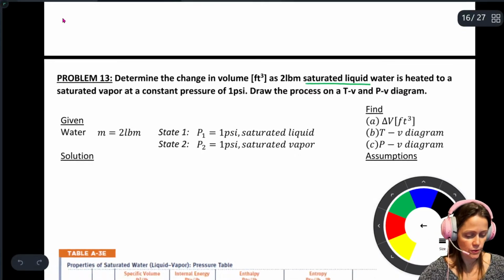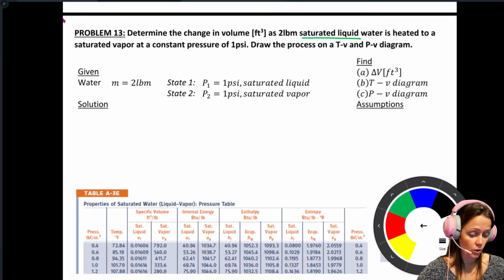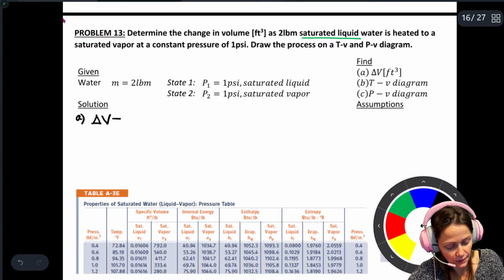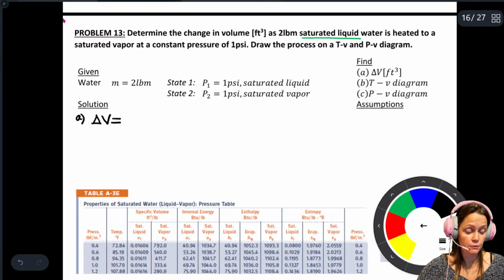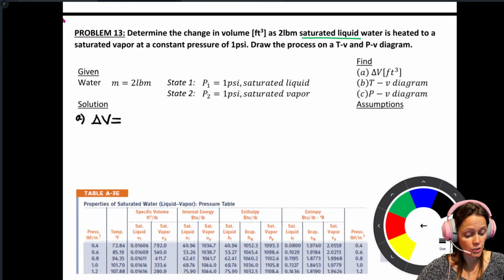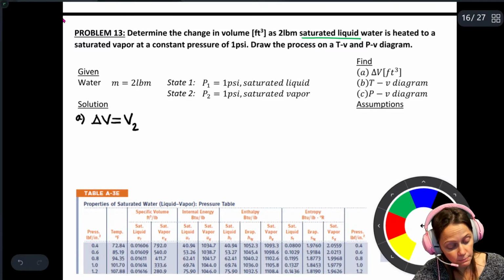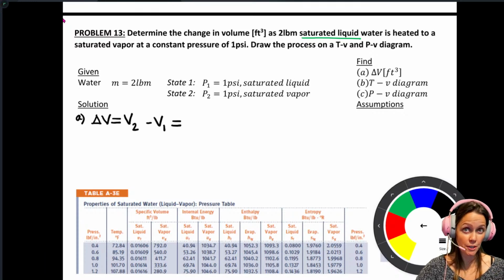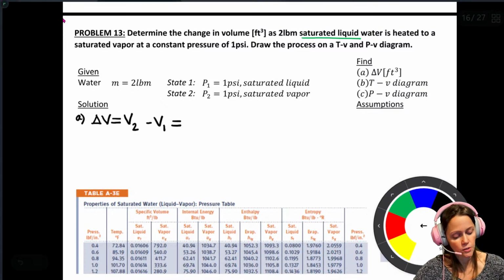So first things first, really the first thing first is I need to get my governing equation to see what I'm actually after. So I'm after the change in volume, which is what it is after, minus what it is before. And it's really useful to put things in terms of intensive properties, because that's the stuff that you could pull off the tables. So that's what I'm going to do here.